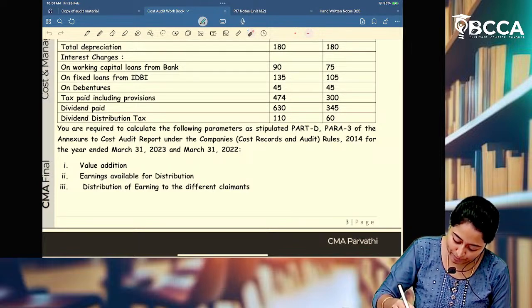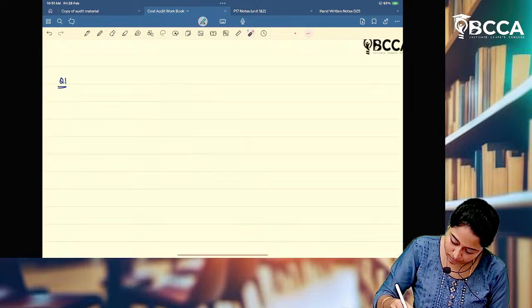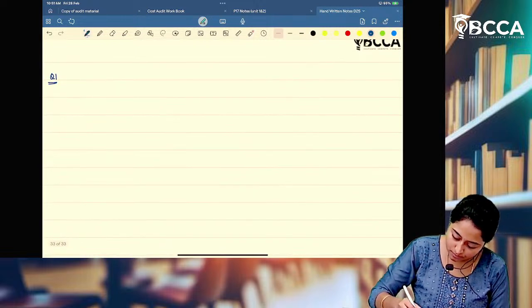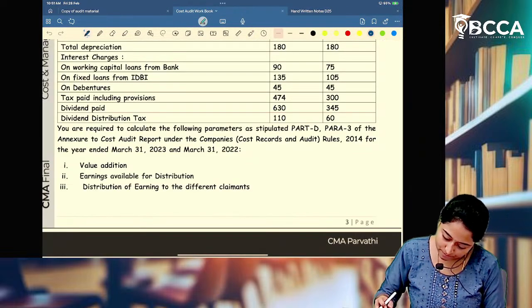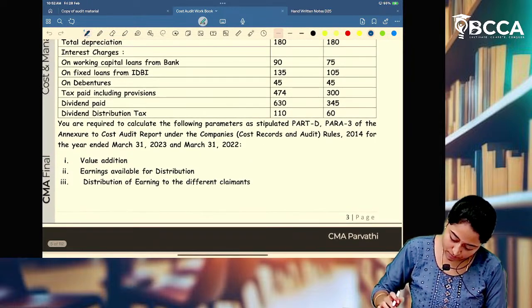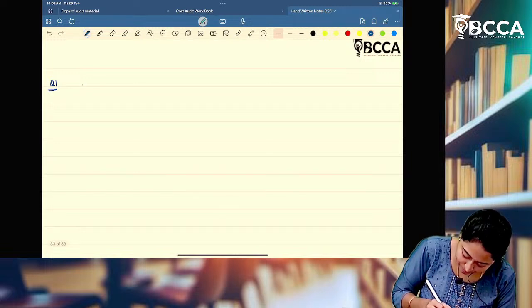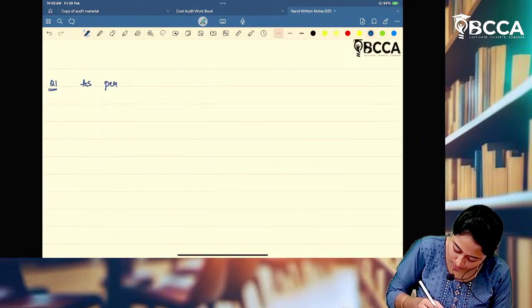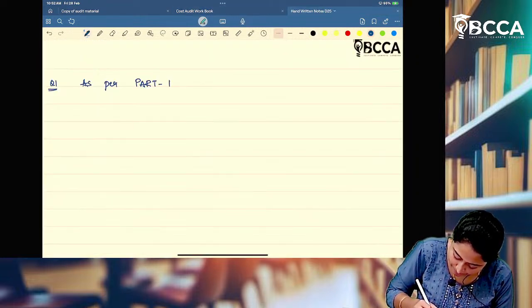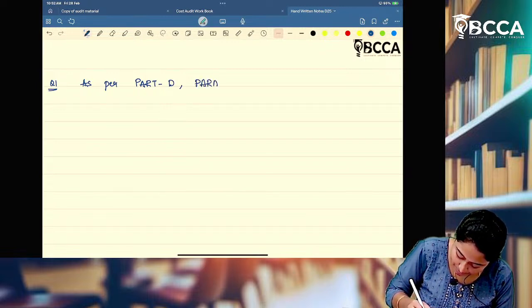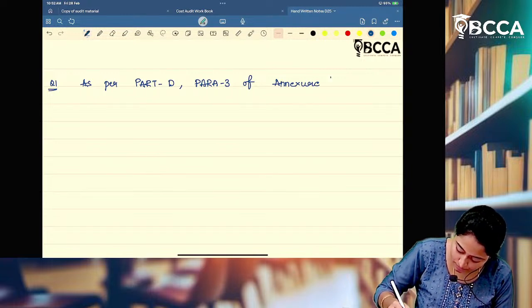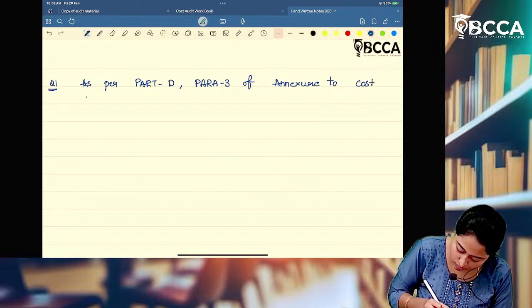Now, how you have to present this answer? First, you'll write as per Part D, para 3 of annexure to cost audit report.